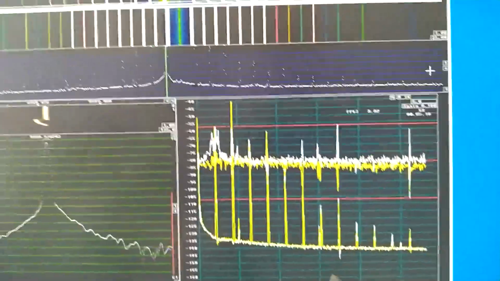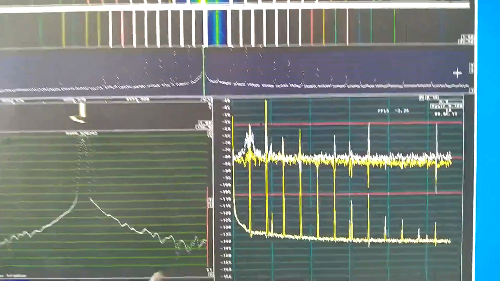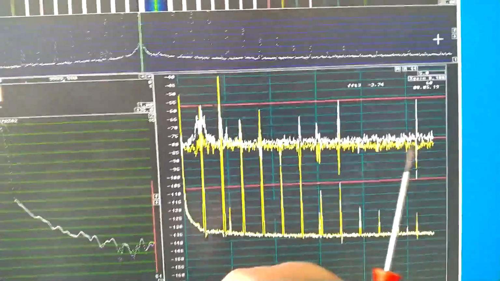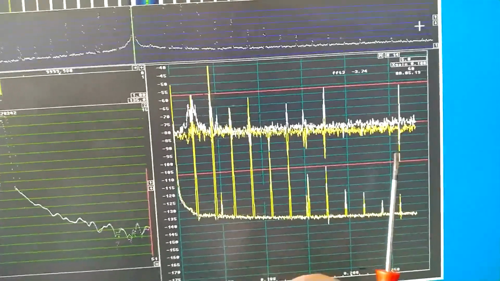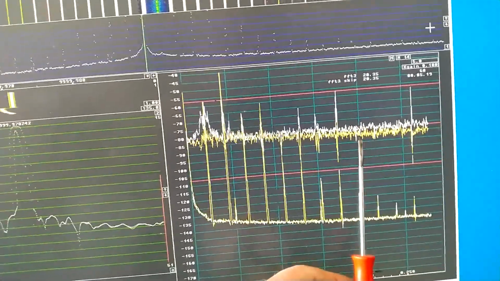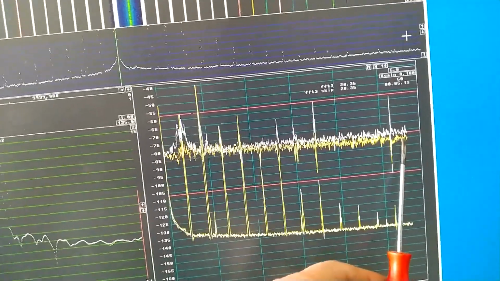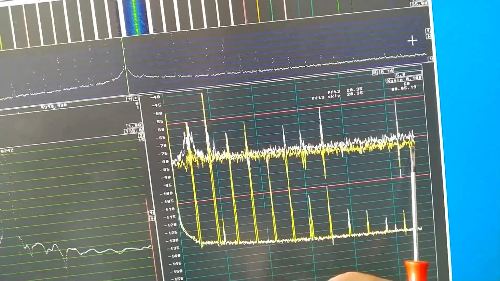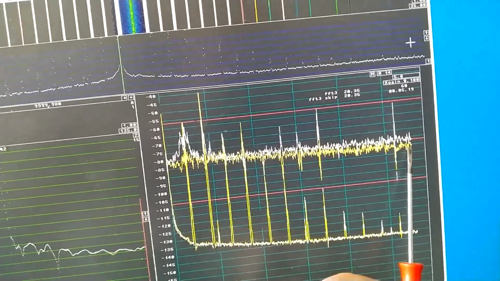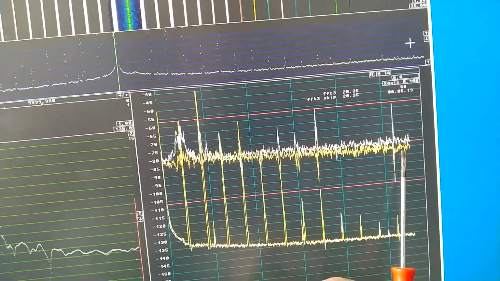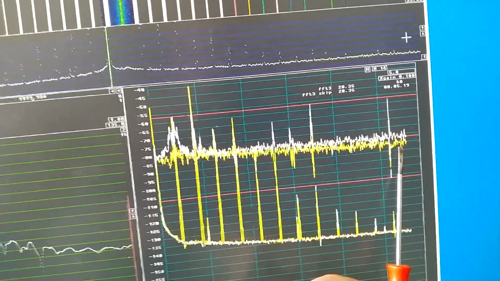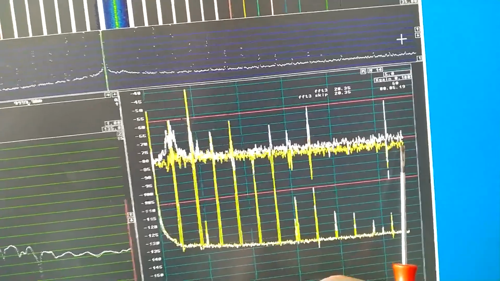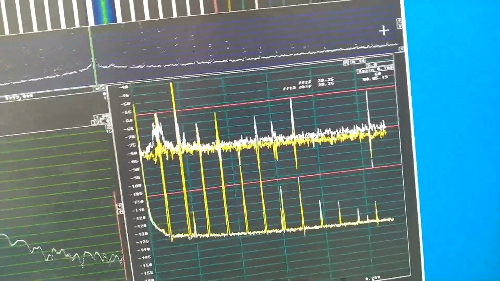But the correlated noise that was important at larger offsets starts to come up here at something like 200 Hertz. Here there is some correlation, and the correlation between amplitude modulation and phase modulation is yellow. It's 90 degrees out of phase.